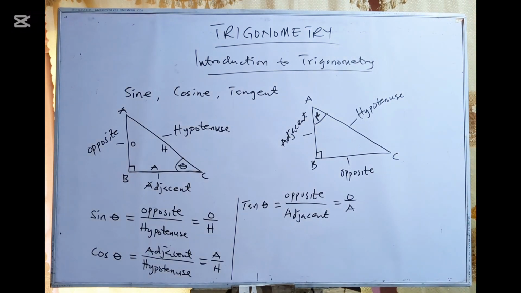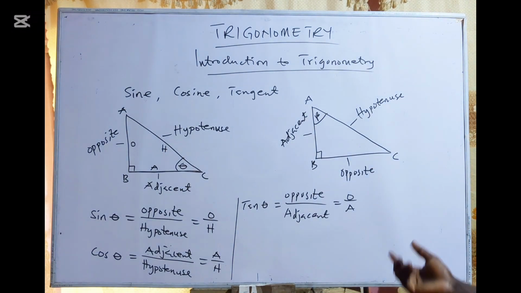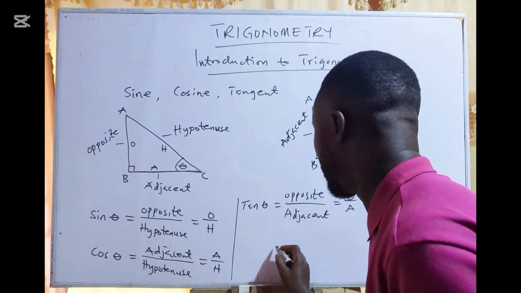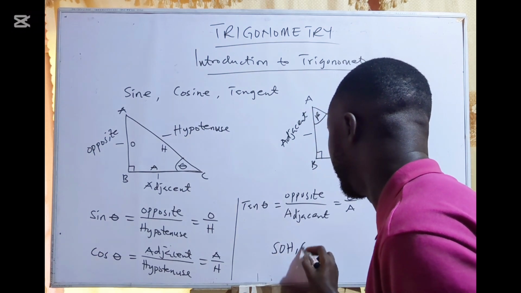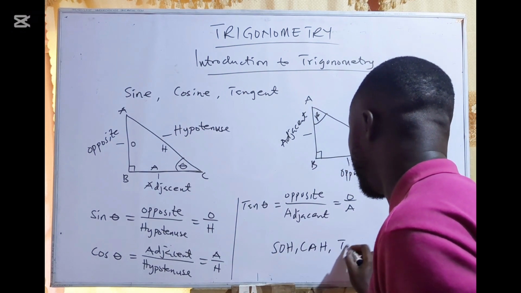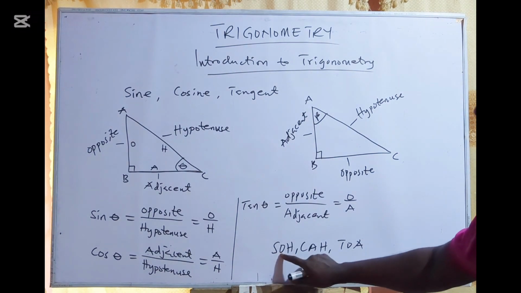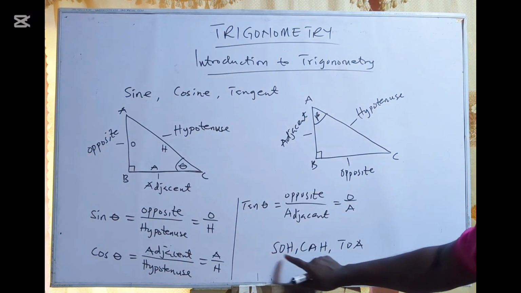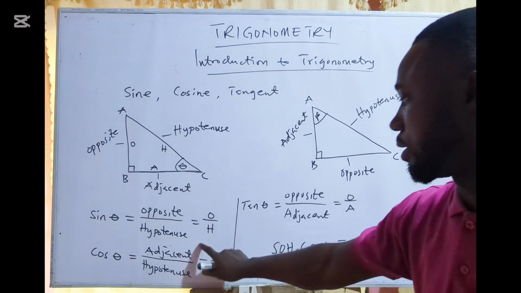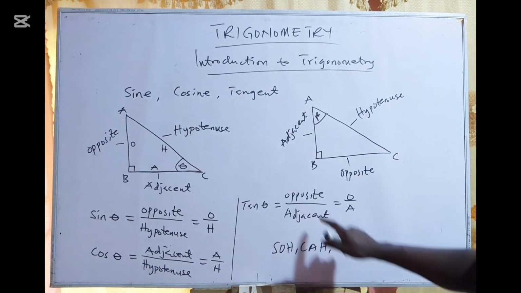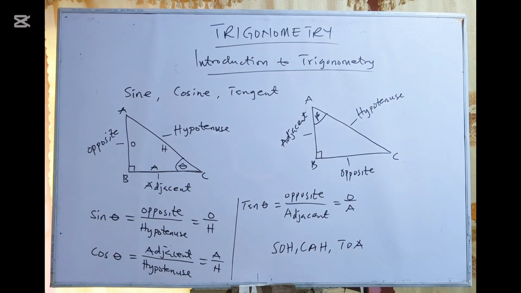If that is the case, we have a short way you can memorize this formula. That's what we call SOH, CAH, and TOA. So SOHCAHTOA: sine opposite over hypotenuse, cos adjacent over hypotenuse, and then tan opposite over adjacent.